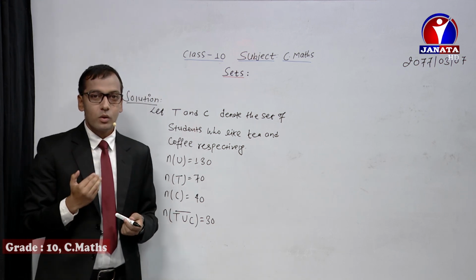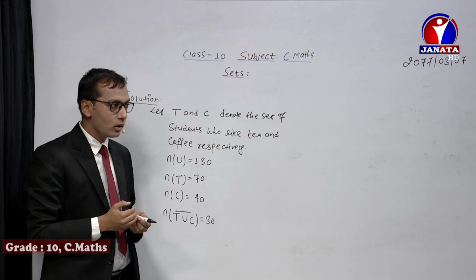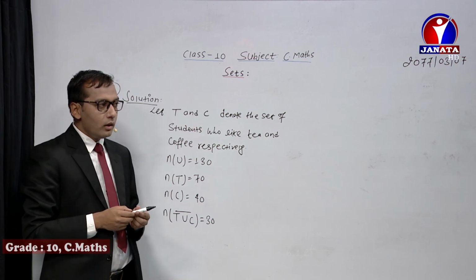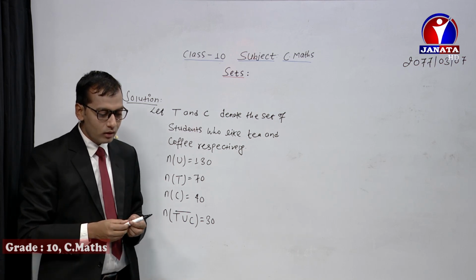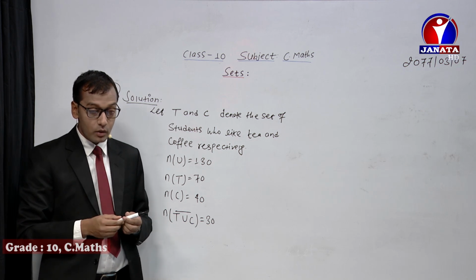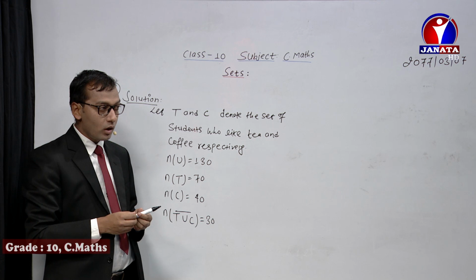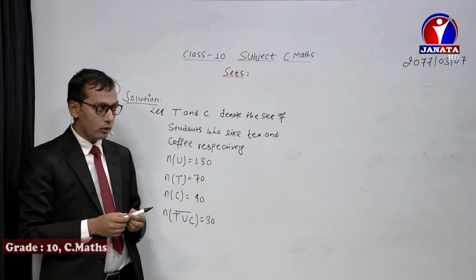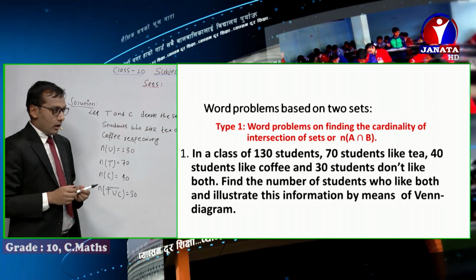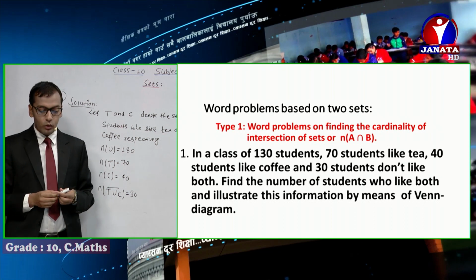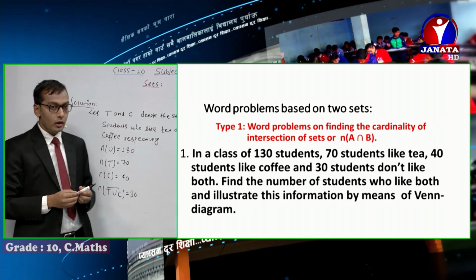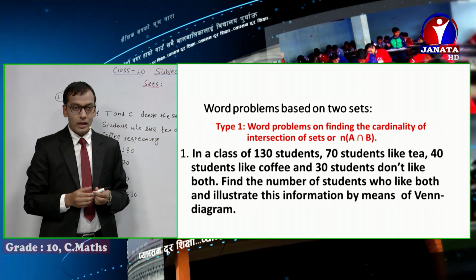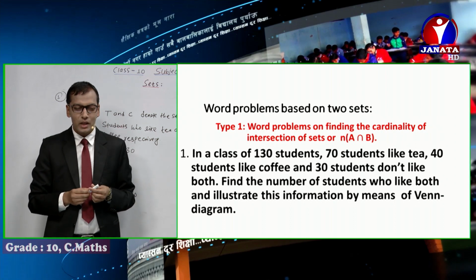Now what are we asked to find? Let me read out the question again. In a class of 130 students, 70 students like tea, 40 students like coffee, and 30 students don't like both. So we are asked to find the number of students who like both, and we are solving this question by means of a Venn diagram.